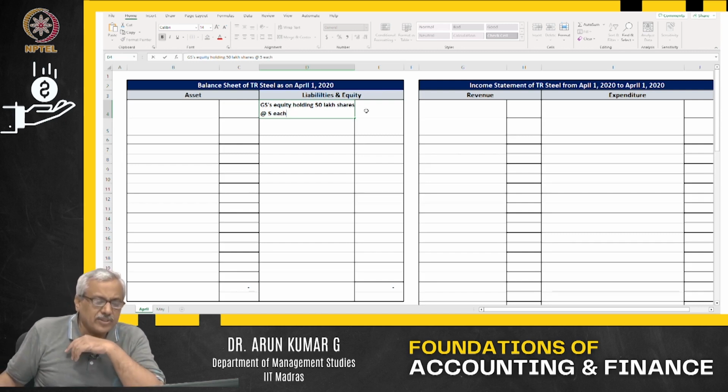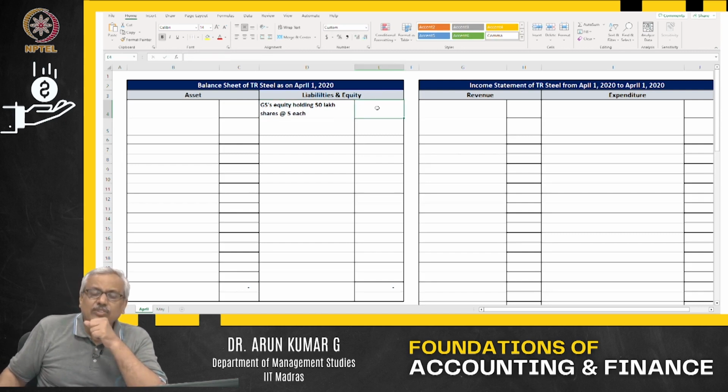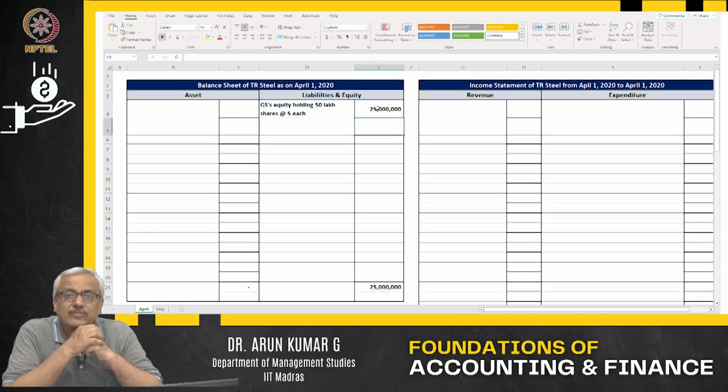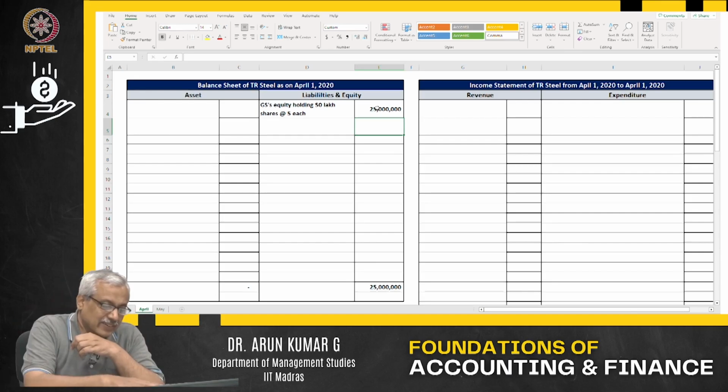So, what happens? Now, if you look at 50 lakh shares, the value of each share is 5 rupees, and this is the number of equity. That is, TR Steel as a company has got capital. The company owes that money back to the investor at some stage. Liabilities plus equity, equity has come in.